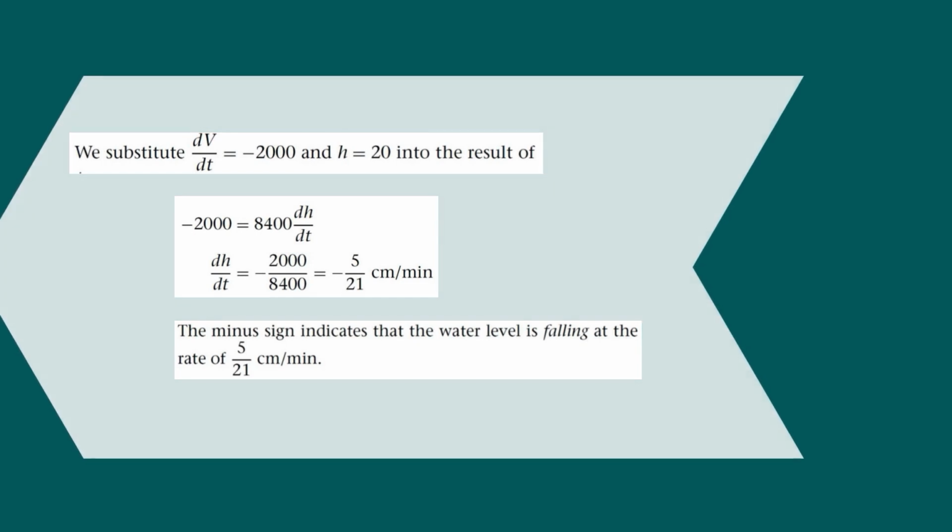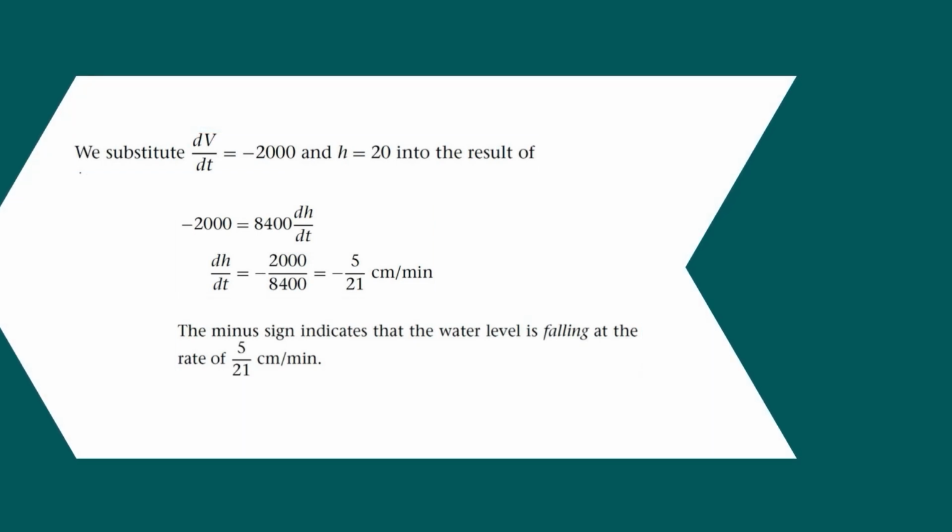After taking the derivatives of both sides, we may now substitute the given rate dV over dt, which is negative 2000, and solve for dh over dt at h equal to 20. So the equation would become negative 2000 equals 8400 dh over dt.